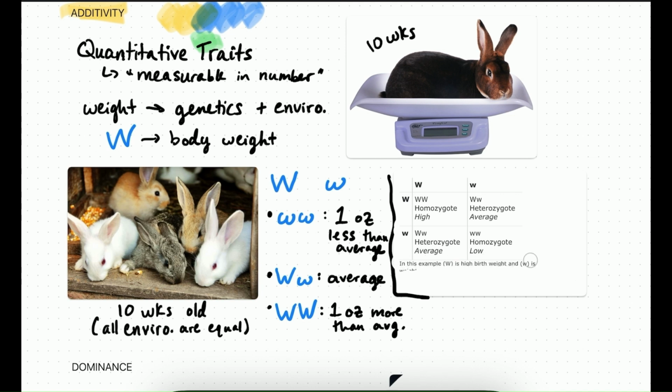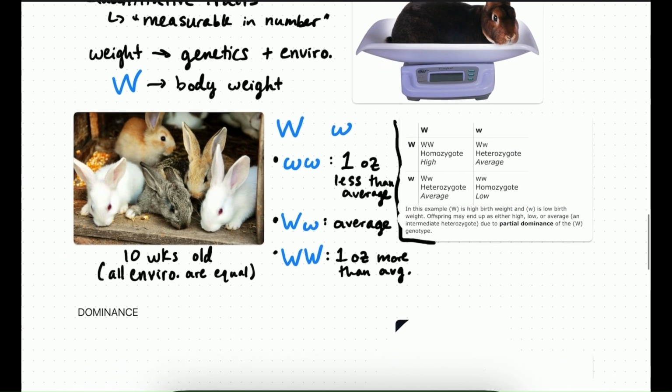So as you can see here, we crossed a heterozygous individual with another heterozygous individual and produced 2 homozygous individuals and 2 heterozygous individuals. However, the homozygous individual with 2 big W's weighs more, and the homozygous individual with the little w's weighs less than the average rabbit.